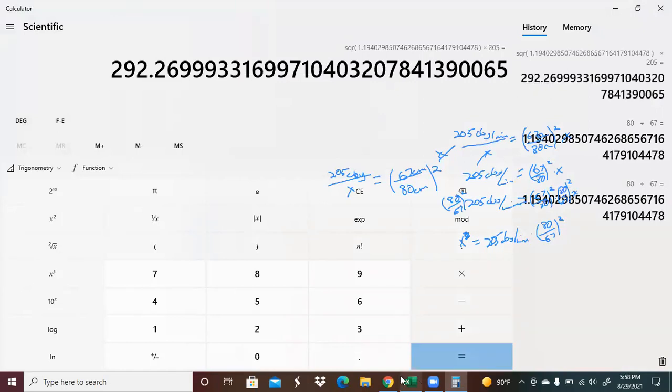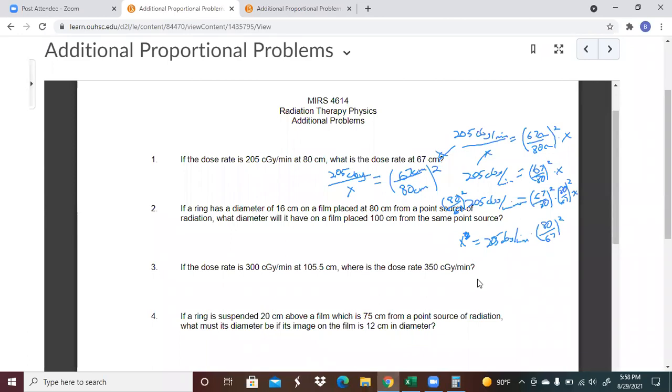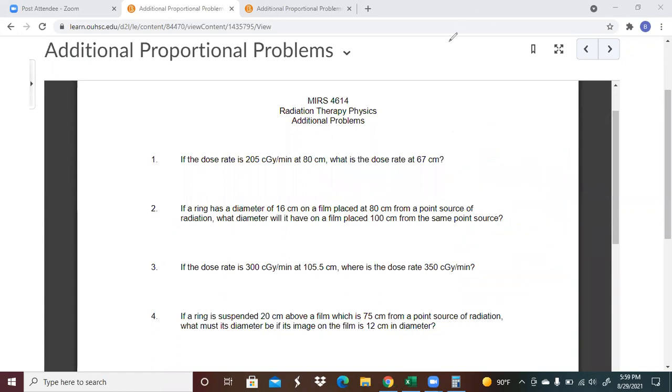We come up with 292.9 centigrade per minute. Okay. So now let's go ahead and clear all of that out.